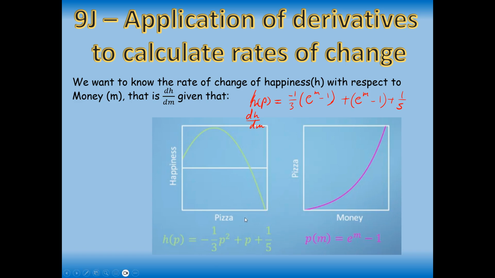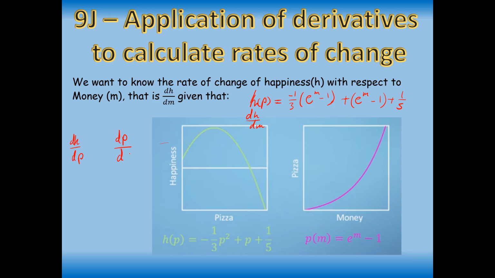What's the shorter way? Well, what do you think? We can differentiate the h function with respect to p first, so we may see some cancellations. What I'm saying is that we can find dh with respect to dp, and separately, we can figure out dp with the other function p with respect to m.